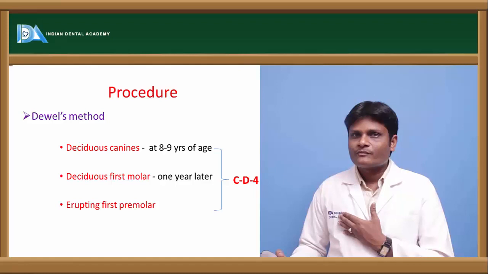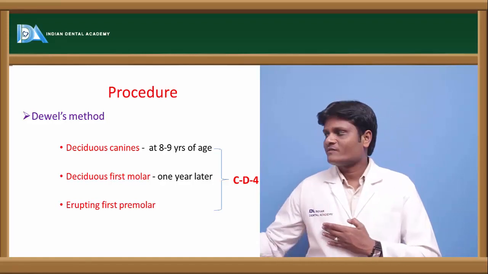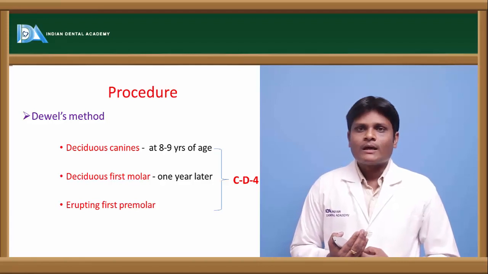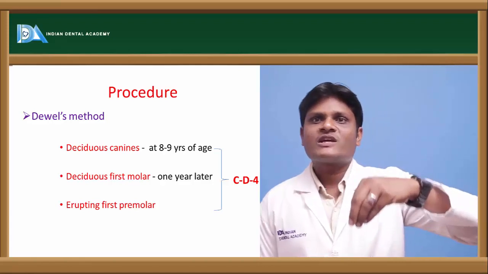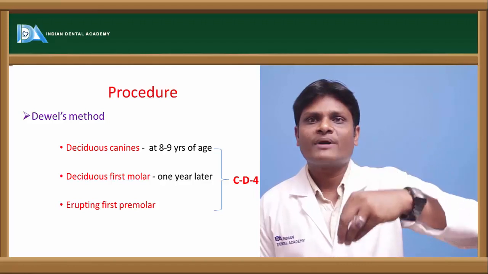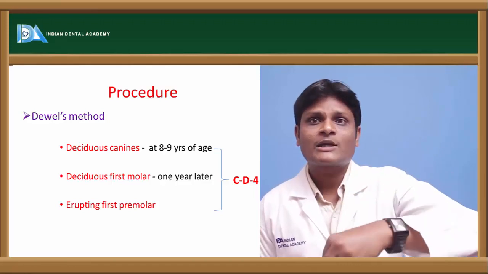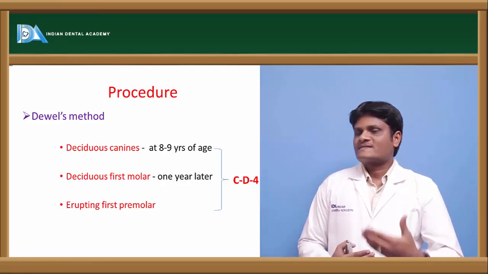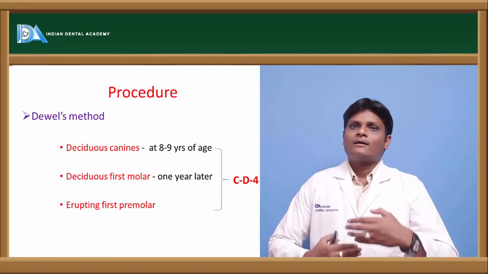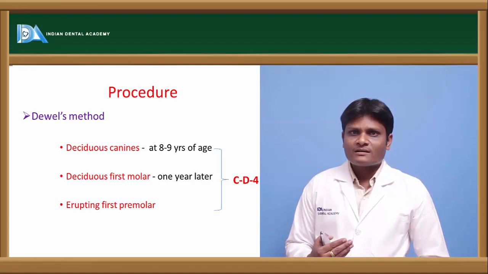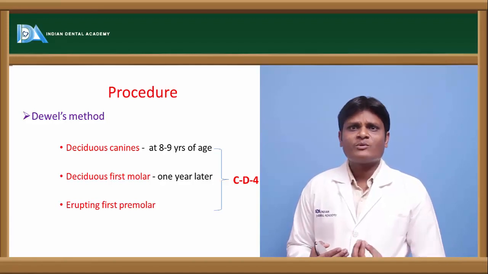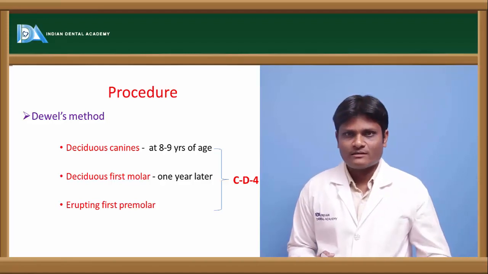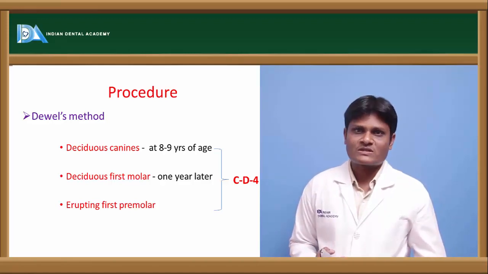One year later, we will go for extraction of the deciduous first molar. This will create sufficient space for eruption of the permanent canine in an uncrowded manner. Now, still later, once the permanent tooth, that is the first premolar, erupts into the oral cavity, it is also extracted as a means of serial extraction procedure.